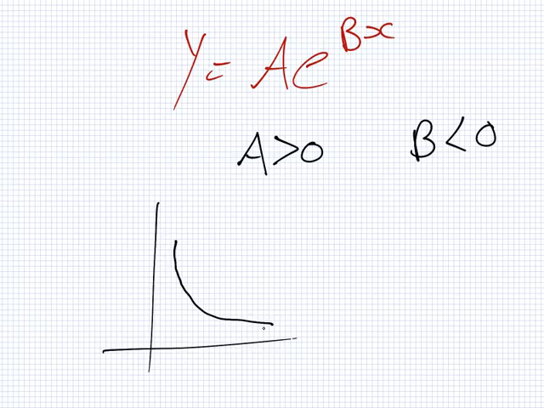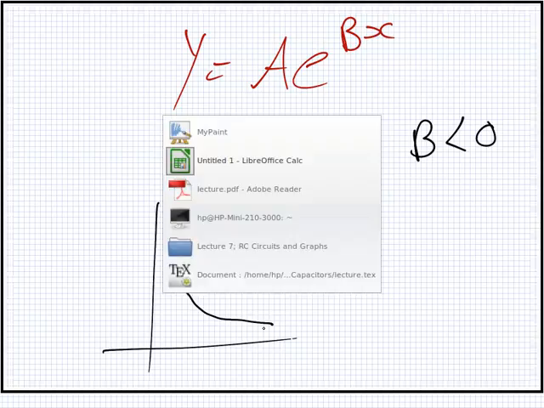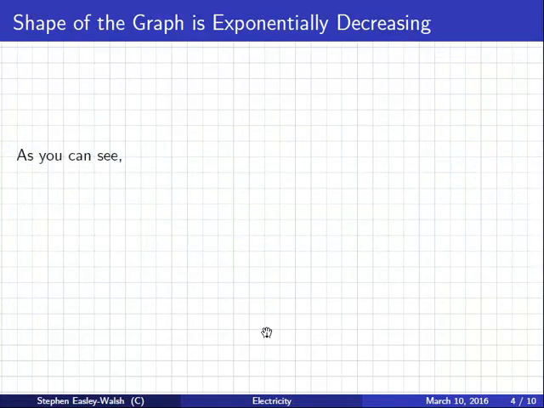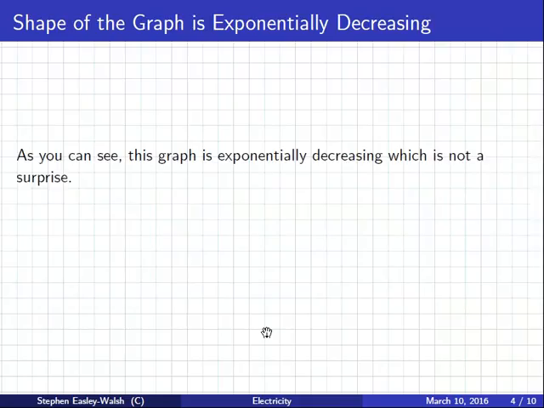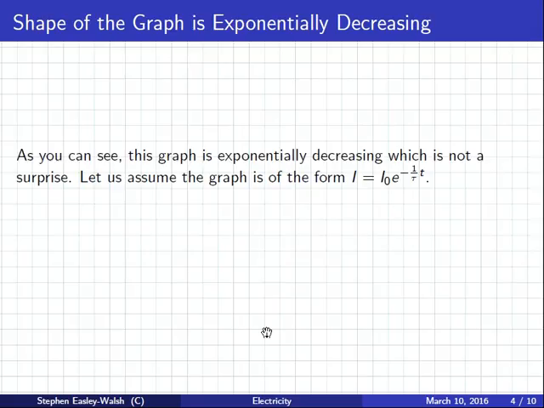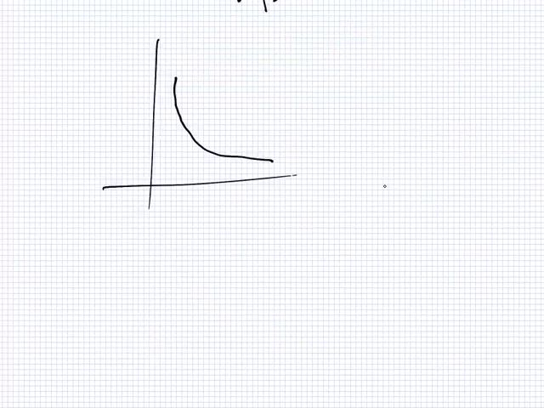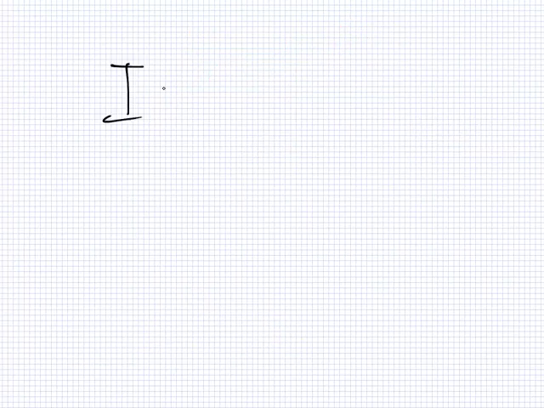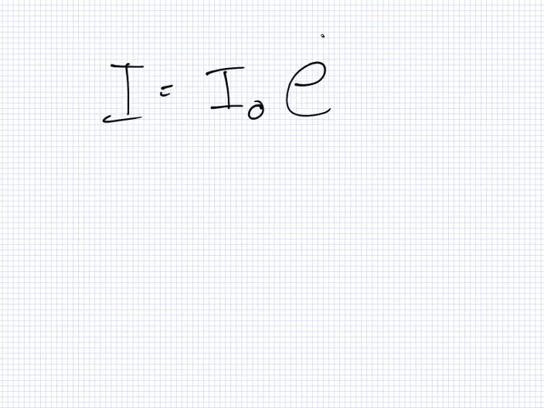If you didn't know it, that's okay, you know it now. So what I'm saying here is, as you can see, the graph is exponentially decreasing, which is not a surprise. So what we say is, the formula for the current, it looked something like this. The current will equal some current at the beginning multiplied by e to the minus time divided by some constant. This will make a graph like we have in the picture.